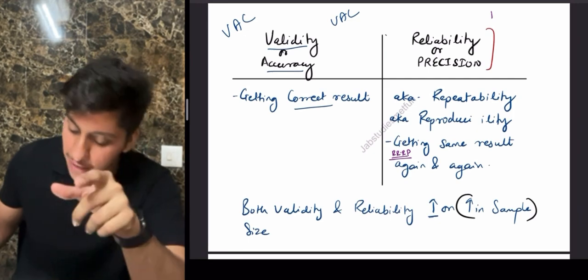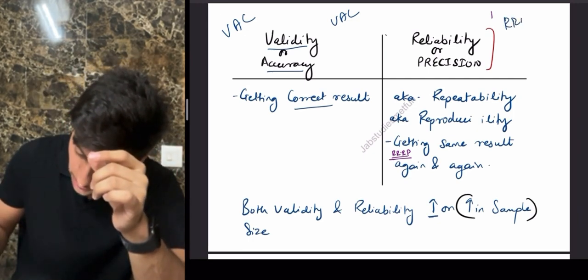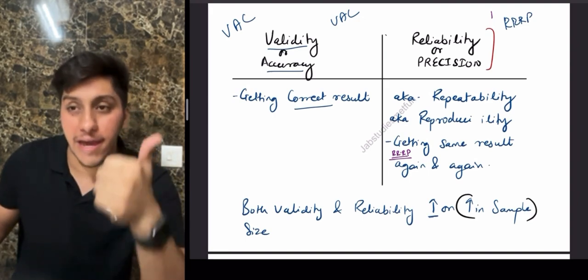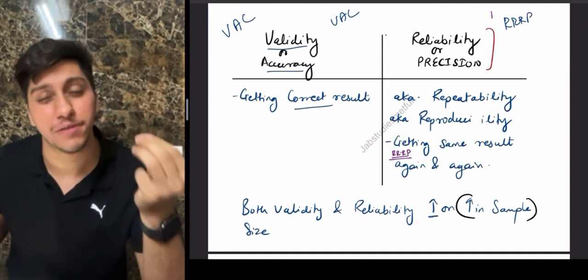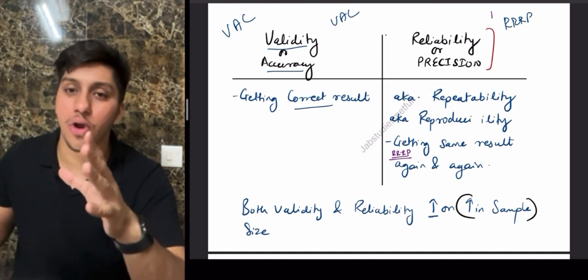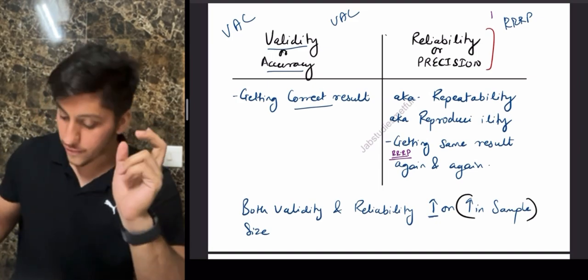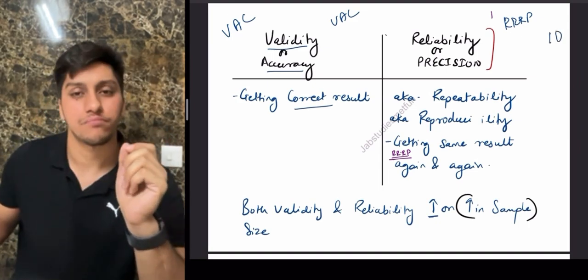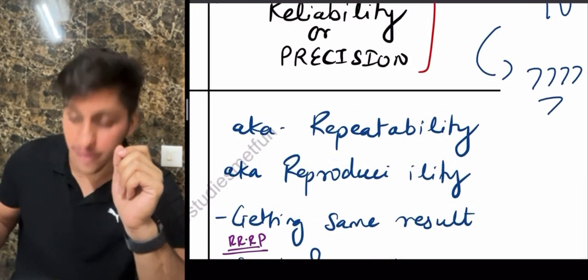Next you have reliability or precision. Remember this by RRRP. Reliability, also known as repeatability, also known as reproducibility, also known as precision. Now what does RRRP mean? How many times have you got the same number again and again. For example, I want to score 10, but again and again my result is coming 7, 7, 7, 7, 7.